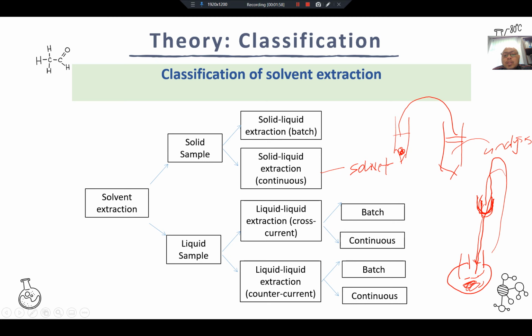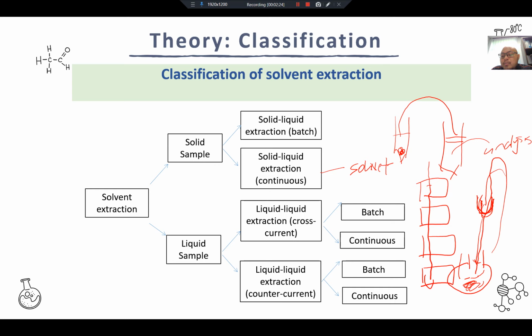And then we have the liquid extraction. We can have the cross current, and then we have the counter current. It depends on the system. If, for example, the sample and the extraction just go one way around, we call it the cross current.